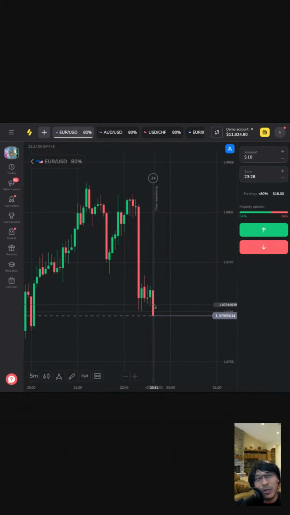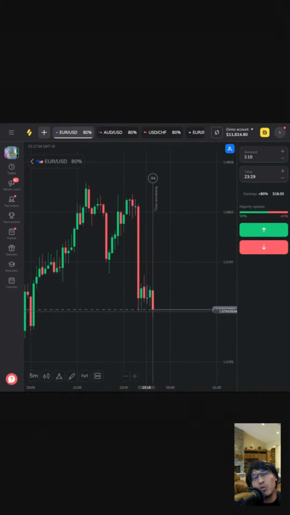One is for this breakout to close below the support level, which is here, and then we want a second candle to stay below the support level. That's confirmation that the consolidation is over, and the direction the asset is moving is the breakout direction, which is moving down right now.